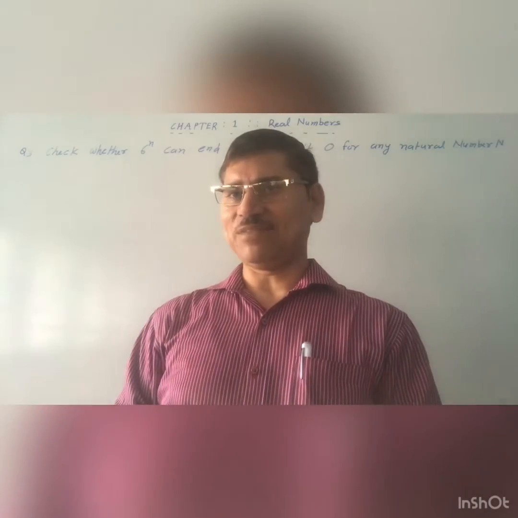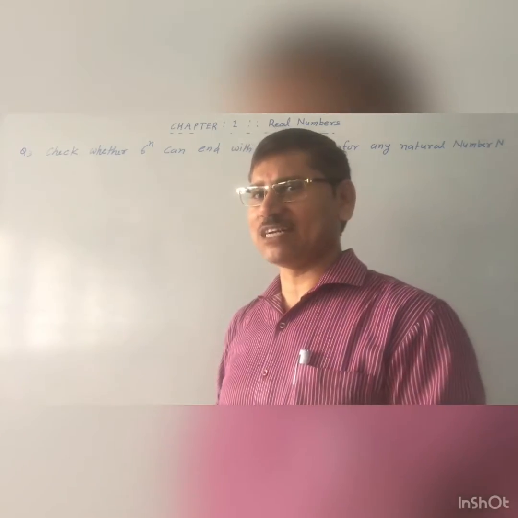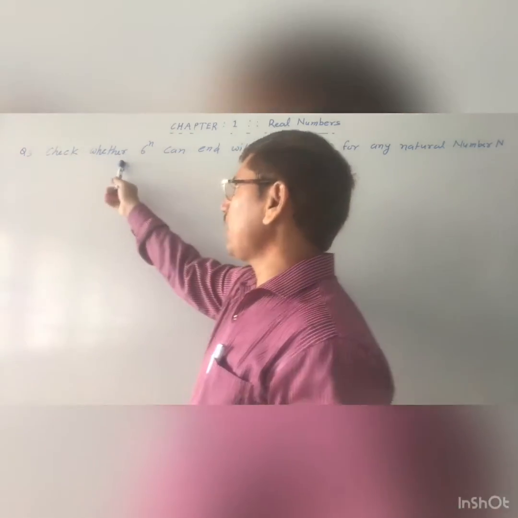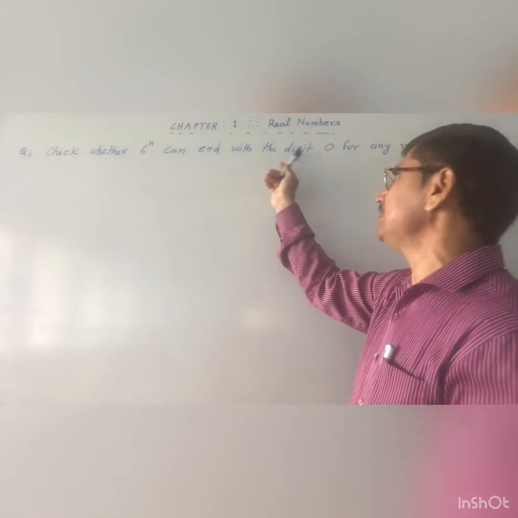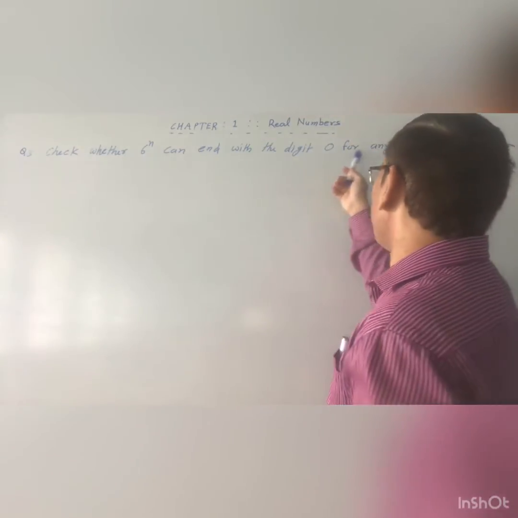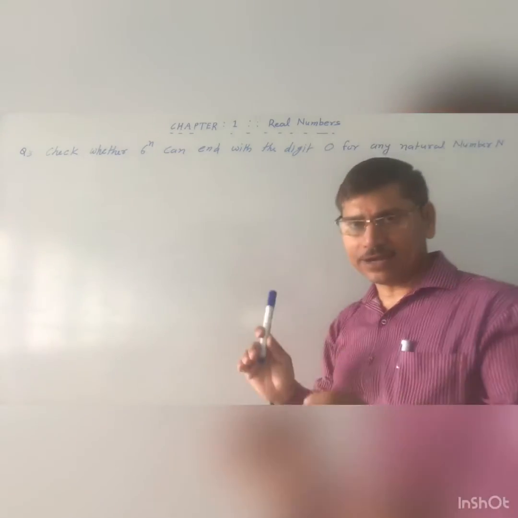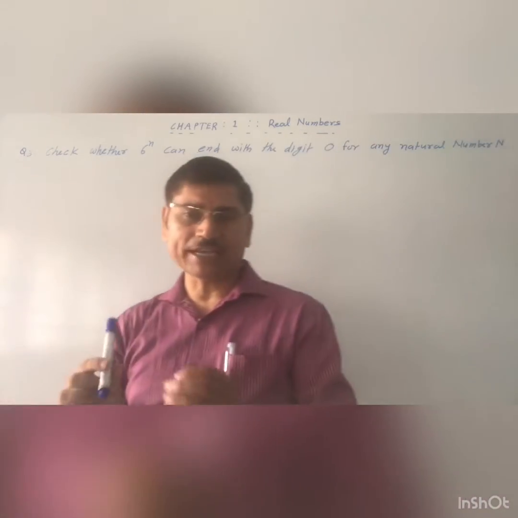Now here once again a most important question, number 3. That is, check whether 6 raised to the power n can end with the digit 0 for any natural number n. So how can you check it?